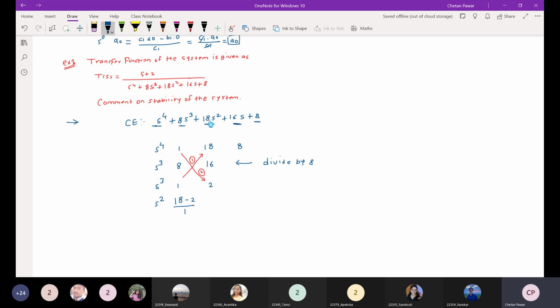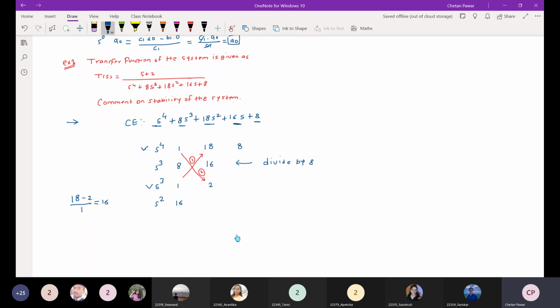Okay, so that will be 16. I have used these two rows to determine the elements of this row. So 1 into 18 minus 2 divided by 1, that will be 16. So I will put 16 here.